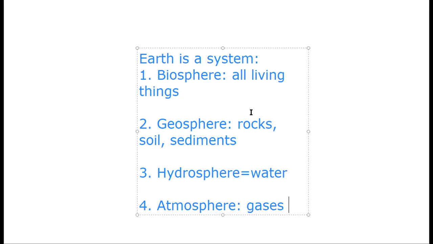In this lesson, we are going to talk about biosphere and geosphere. Then in lesson 2, hydrosphere and atmosphere. And in the last lesson, we are going to talk about how they interact, how the material moves from one sphere to another. Again, you have to remember that all of these spheres, biosphere, geosphere, hydrosphere, atmosphere, work together.